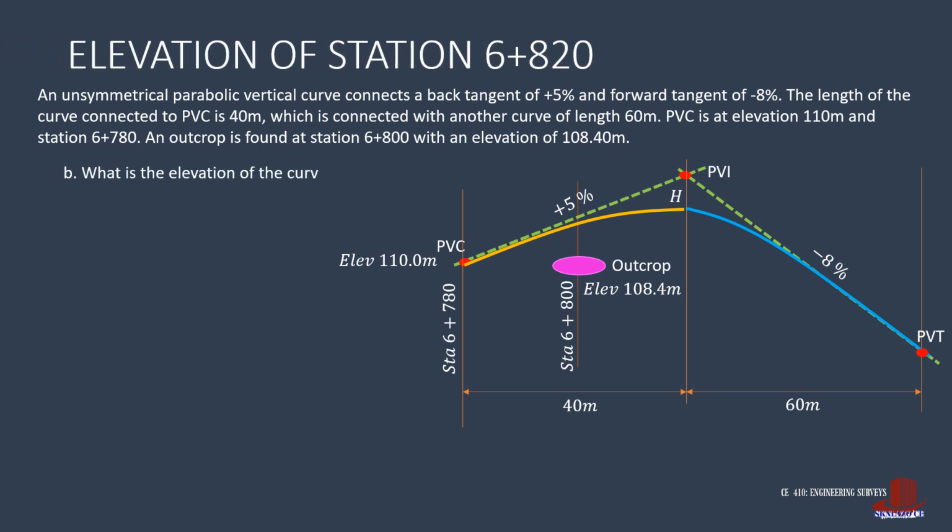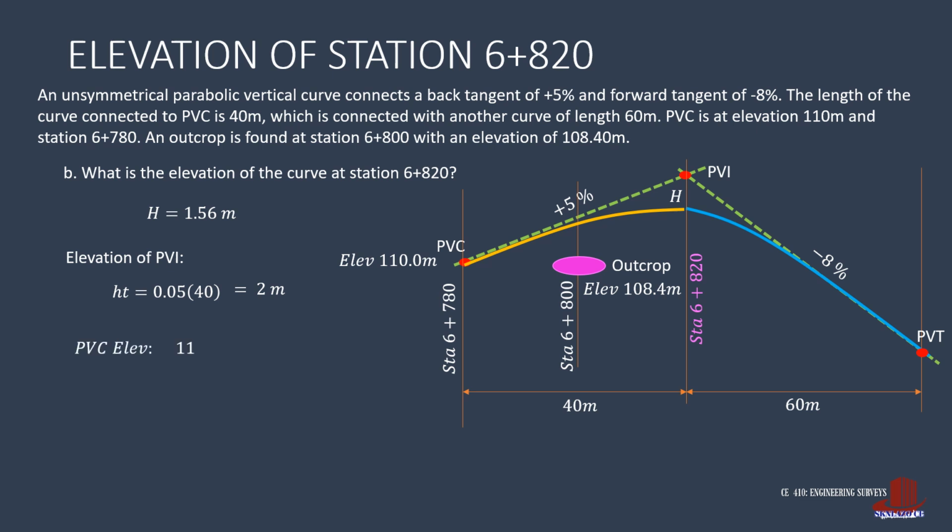Next is the elevation of the curve at station 6 plus 820. This station is aligned to PVI, and the elevation is solved by using h, which was previously computed. What is required for now is the elevation of PVI, which is solved using gradient. The height of PVI compared to PVC is computed as 0.05 times 40 meters, which turns out as 2 meters.